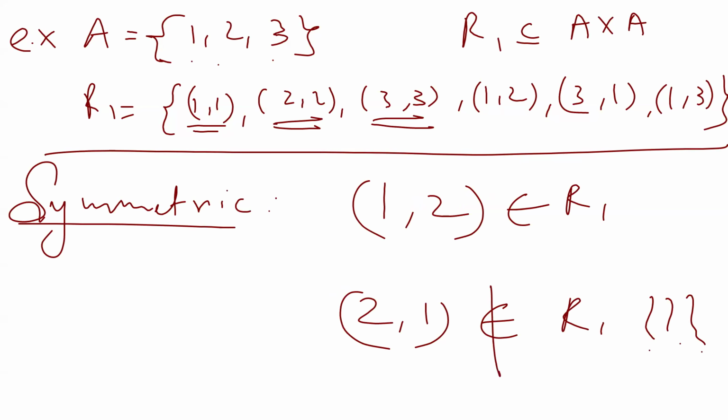No, it does not belong to R1. Even if one example fails, everything fails, like in onto functions. See, (3,1) opposite is already there, (1,3). That's true. But for (1,2), it is failing. So it is not symmetric. Even if one example fails, the entire category fails.